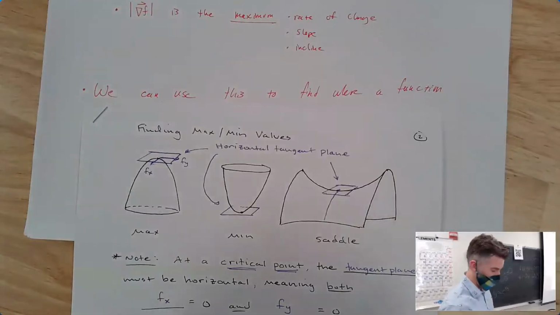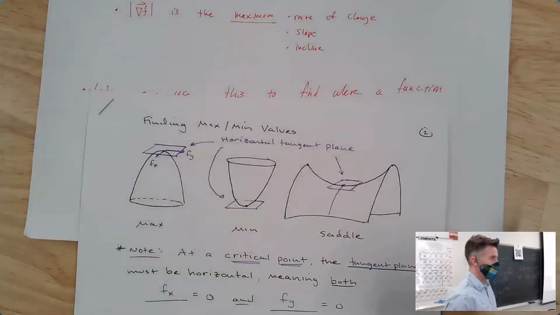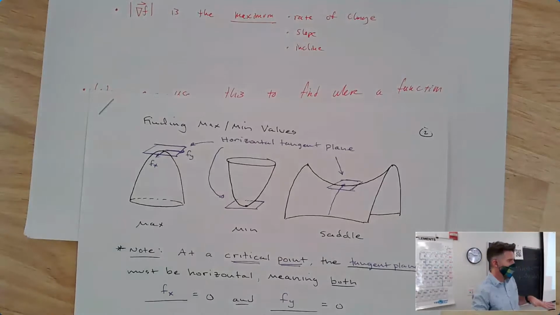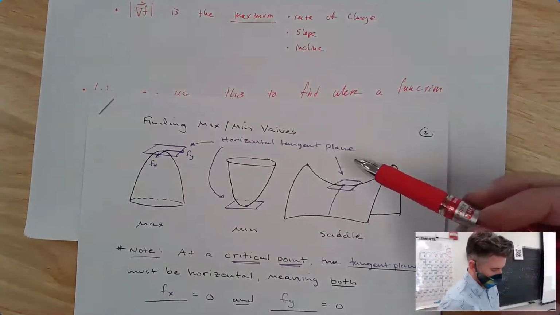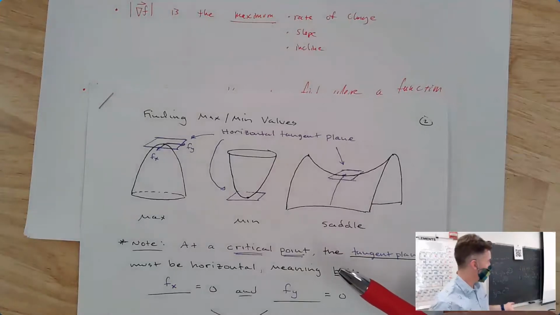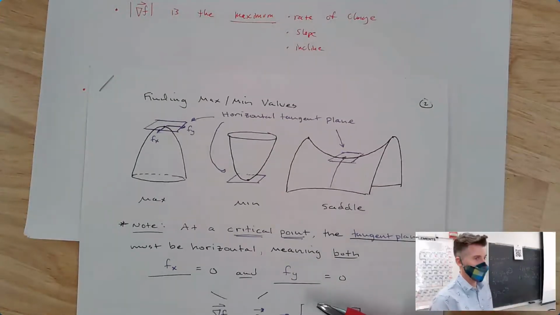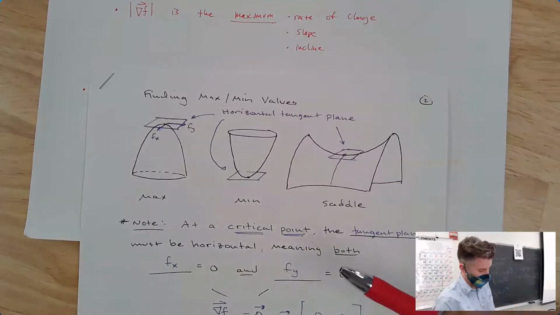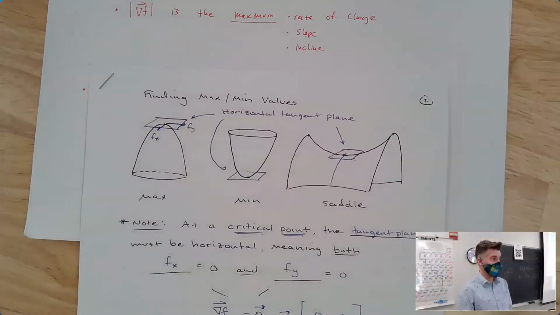At any one of these points, you don't have any change. If you traveled in the direction on that particular plane, you would just keep staying at the same level, and you wouldn't go down, you wouldn't go up. So at any critical point, the tangent plane has to be horizontal, meaning both partials are going to be 0. Or in other words, the gradient's going to be the 0 vector.